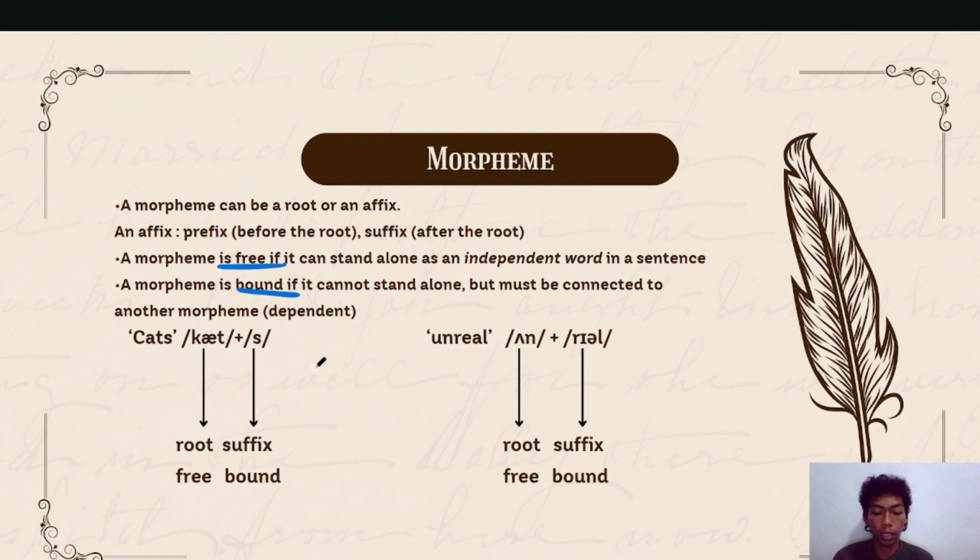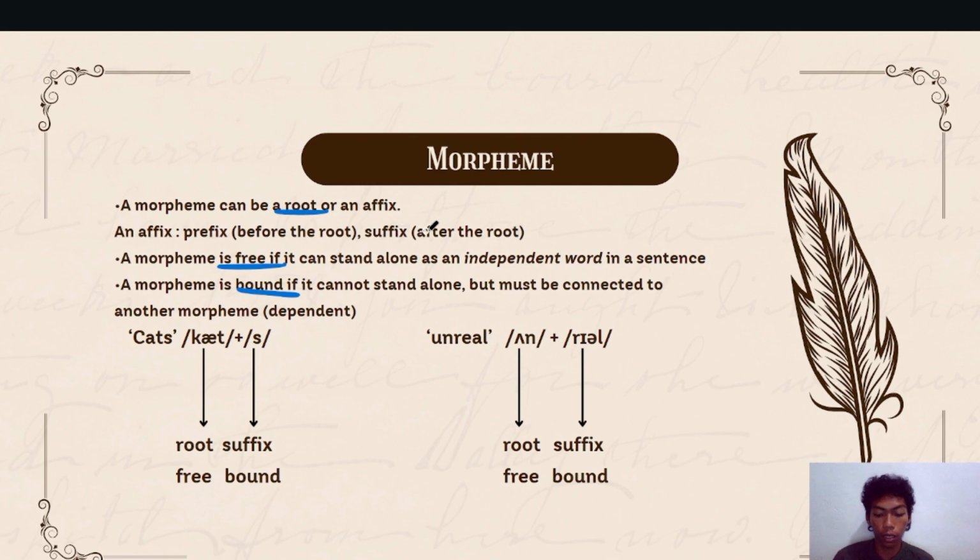It has to be attached to another morpheme. Think of the prefix like un or the suffix like ed or s. By themselves they don't mean too much, but when you attach them to a root word, they help change the meaning.